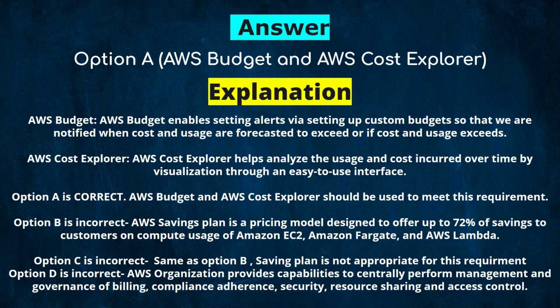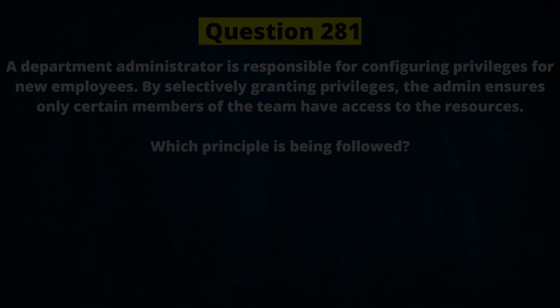AWS Savings Plan is a pricing model designed to offer up to 72% of savings to customers on compute usage of Amazon EC2, AWS Fargate, and AWS Lambda. Option C is incorrect. Same as option B. Savings Plan is not appropriate for this requirement. Option D is incorrect. AWS Organizations provides capabilities to centrally perform management and governance of billing, compliance adherence, security, resource sharing, and access control. Next question.